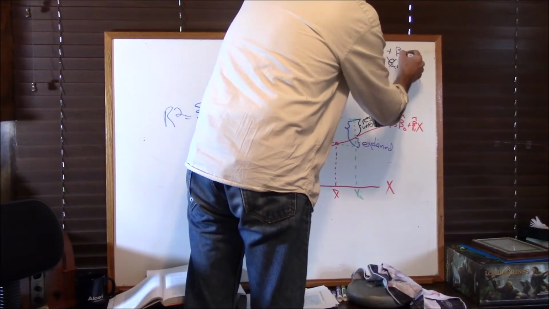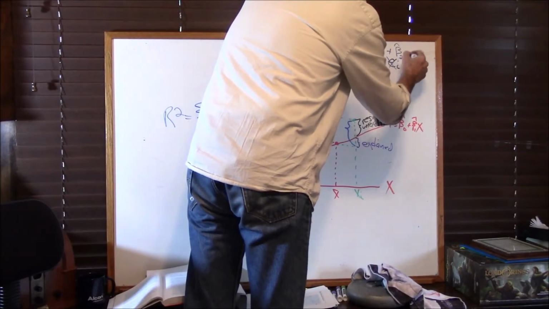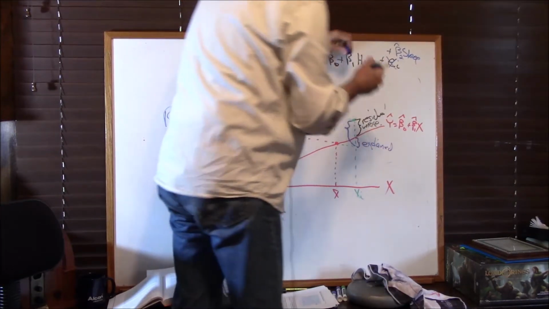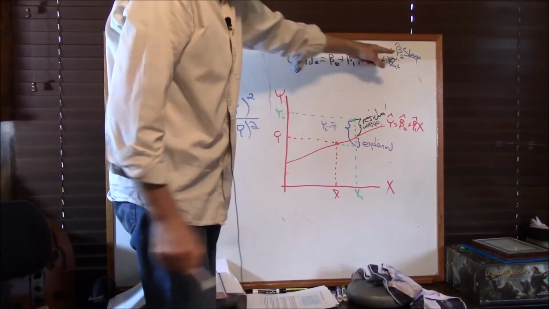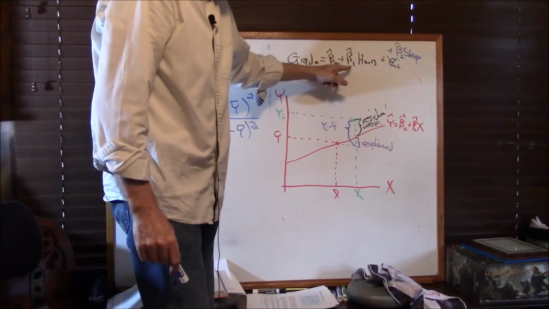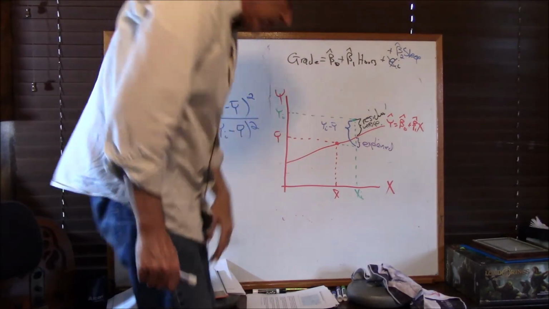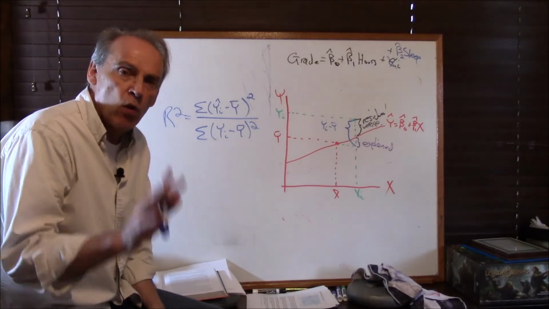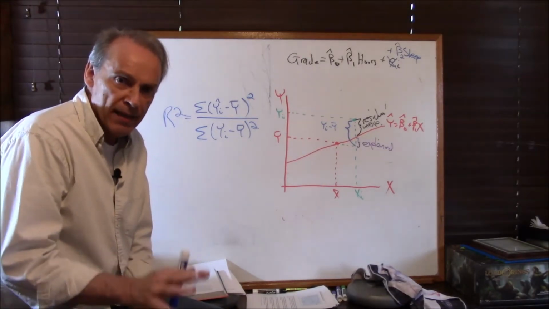Plus beta hat sub 2 times, call it sleep. So now you rerun it, and you have this new estimate for beta hat sub 2, and beta hat sub 1, and beta hat sub 0. It's impossible for this to be worse than what you just did. All right?